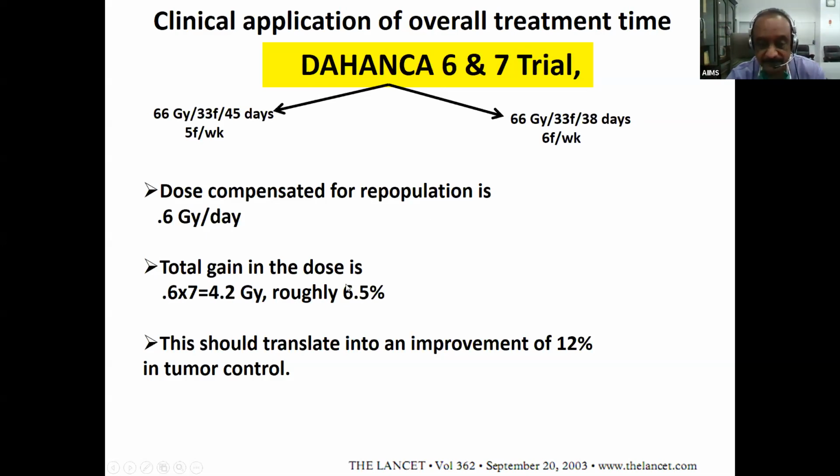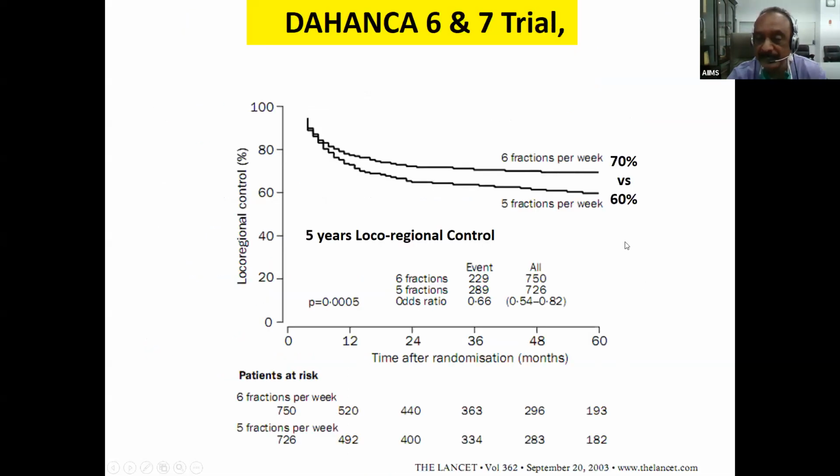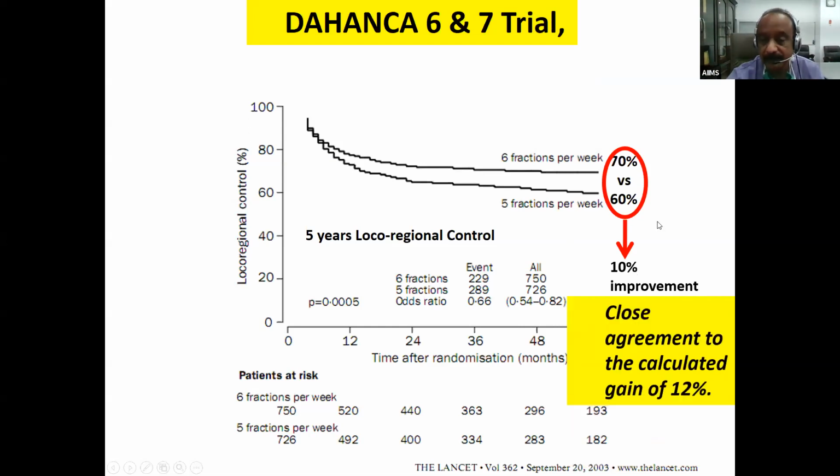So this 6.5% gain should translate into an improvement of local tumor control to the tune of 12%. So this is what we are predicting from the linear quadratic model. And let us look at the outcome. There is a 10% improvement in local tumor control. So we can say it is closely in agreement with the one calculated from the linear quadratic model. Very interesting.